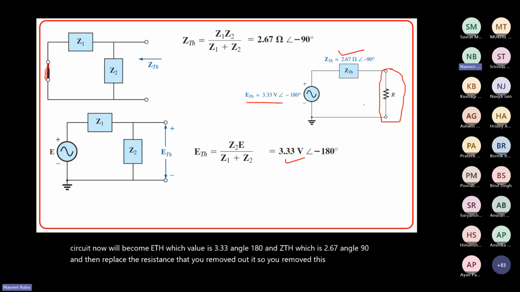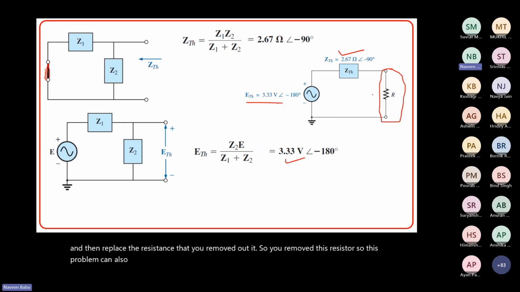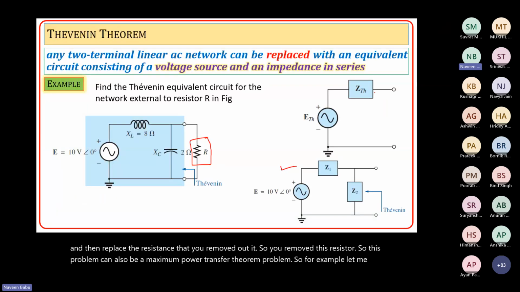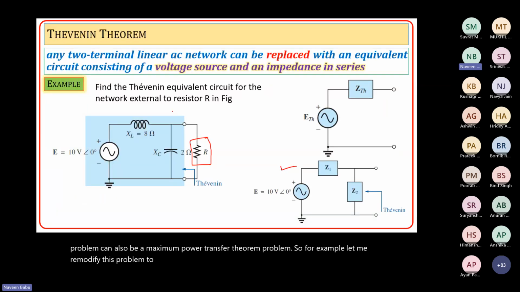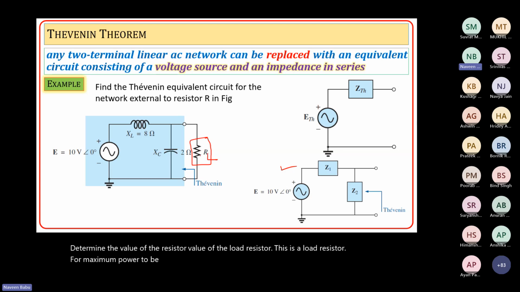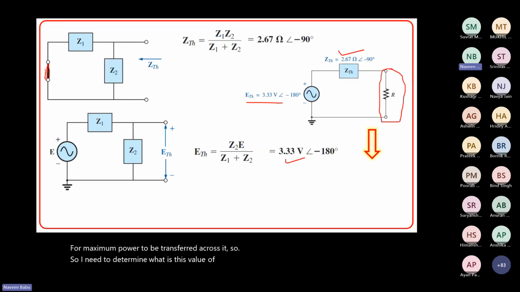This problem can also be a maximum power transfer theorem problem. For example, let me modify this problem to be: determine the value of the load resistor for maximum power to be transferred across it. So I need to determine the value of this resistance.